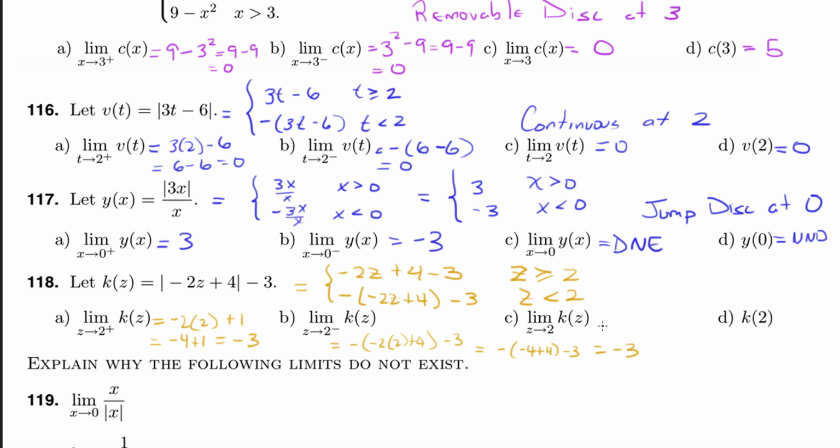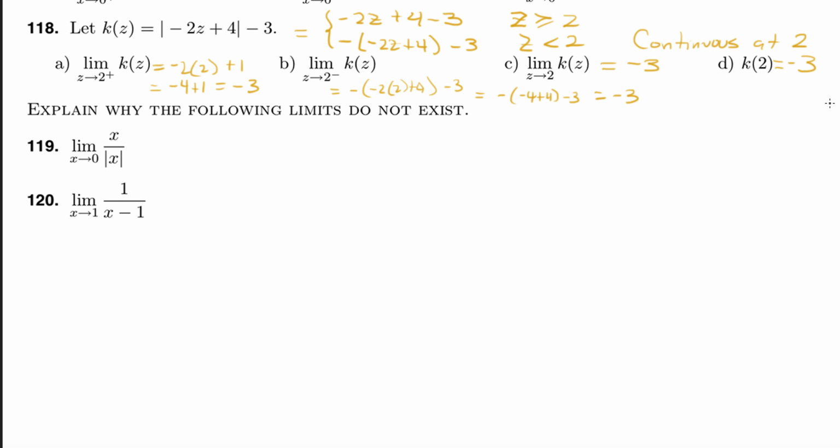Okay? Then the limit does exist because it's equal to both. Okay? So it's going to be -3. And then at 2, we choose the top one, which is also -3. So this is continuous at 2.